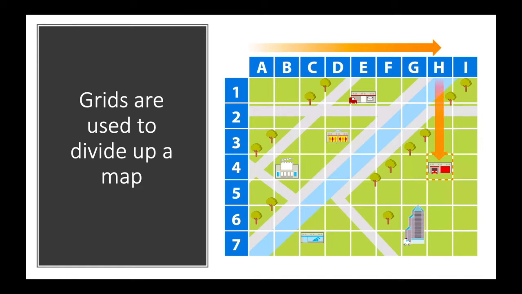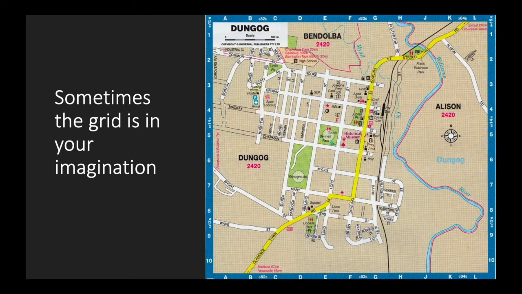You just map it up. Haha, pun intended. However, in the old days before Google, we actually had road maps. And the grid wasn't actually on an overlay. Overlay means it's sitting actually on the map itself. So we actually had to use kind of our imagination. It would tell us that the historical museum was at a certain reference point, and then we would have to go, okay, if I go down to F and it's kind of 5, I'm using my imagination that there's a line between there and there.